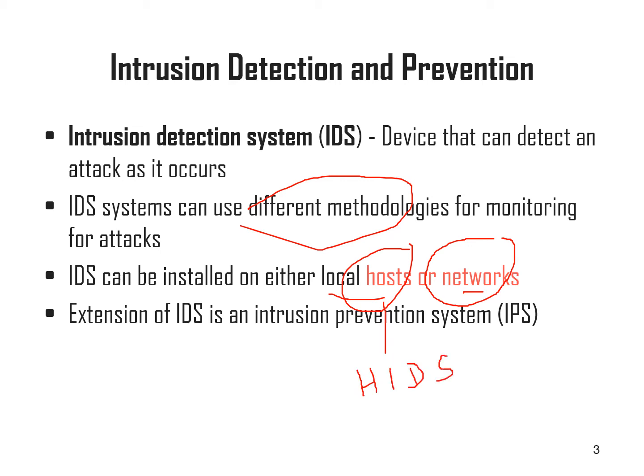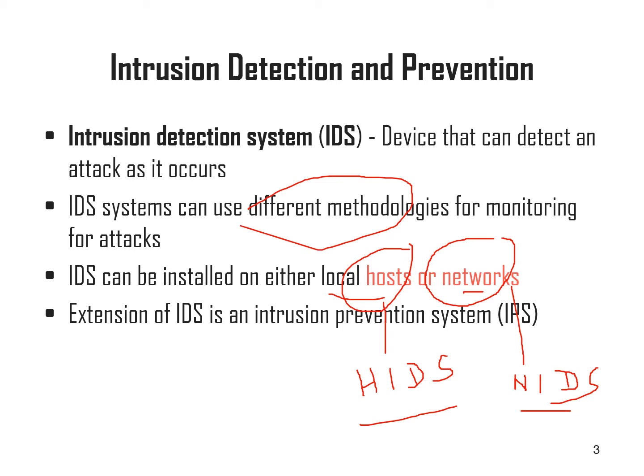If I implement it in a network to detect an attack, it is called NIDS, the network intrusion detection system. So IDS is nothing but a system, a device used for detecting an attack, and we can use different methodologies for it. There are two kinds of IDS: host IDS and network IDS.